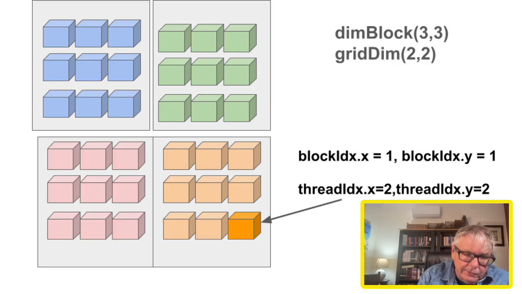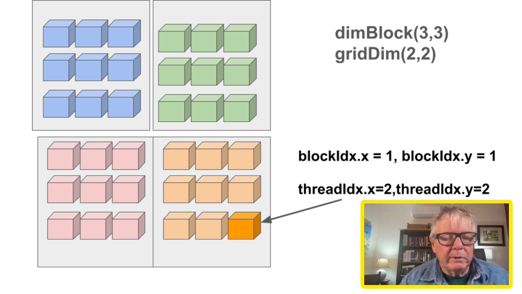We start counting at 0, so it's really the second one. blockIdx.y equals 1, again the second row. And then within each block we have the thread coordinates or location. Here it's the bottom right one, so threadIdx.x equals 2 and threadIdx.y equals 2, the bottom right hand corner.